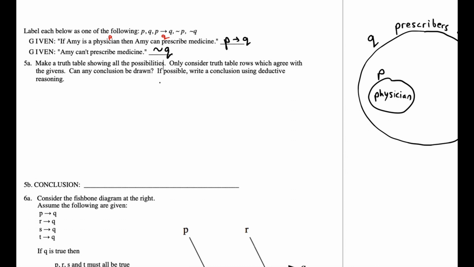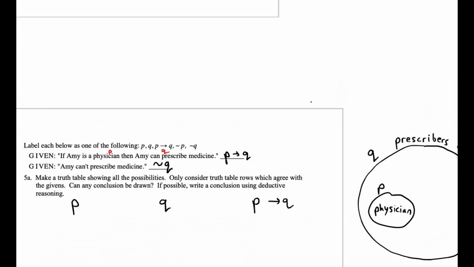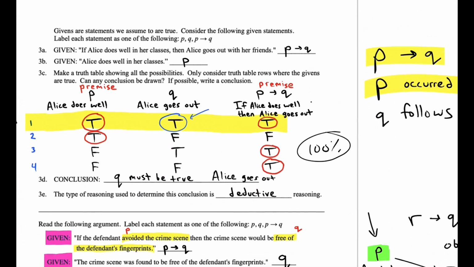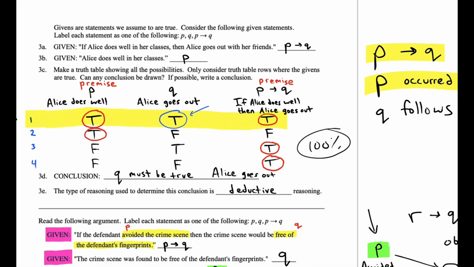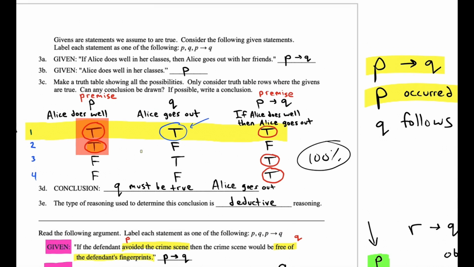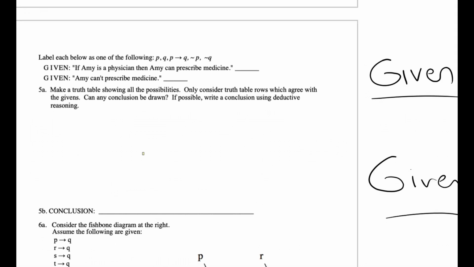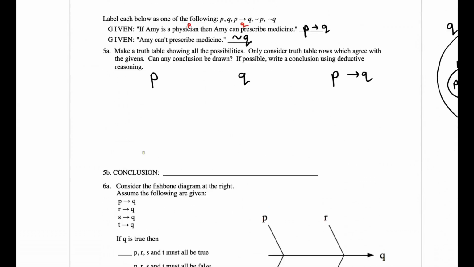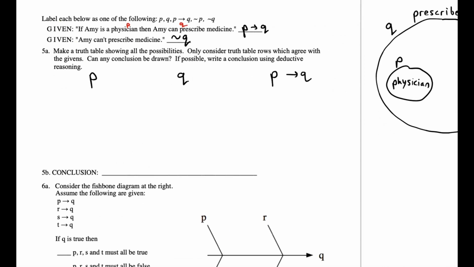When you make a truth table, you don't have to make a column for not Q. You can still analyze it the same way we did with P, Q, and P arrow Q. It's just that before, when something was a premise, we circled the truths. Like right here, it was a premise that Alice did well, and so we circled all the truths where she did well. If not Q is a premise, you would circle the falses instead, because that's the situation you're in.